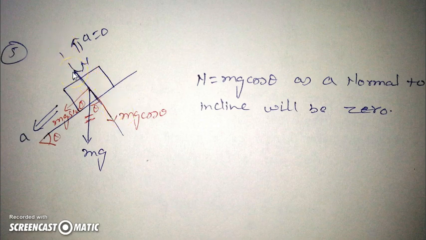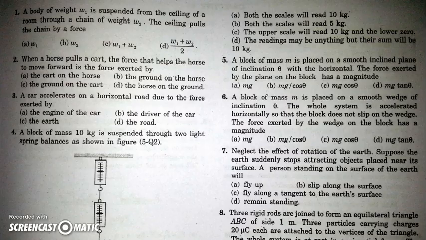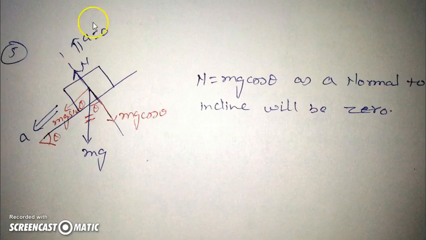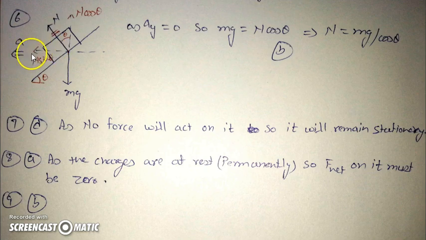Otherwise, if there is some acceleration, the equation would have been N minus mg cos theta equal to ma. Okay, the next question: there's a block of mass m placed on a wedge. The whole system is accelerated horizontally and the block does not slip on the wedge. You have to find the force on the block by the wedge. As we now know, the acceleration of the block is horizontal and a_y is 0. There is no acceleration in the y direction.